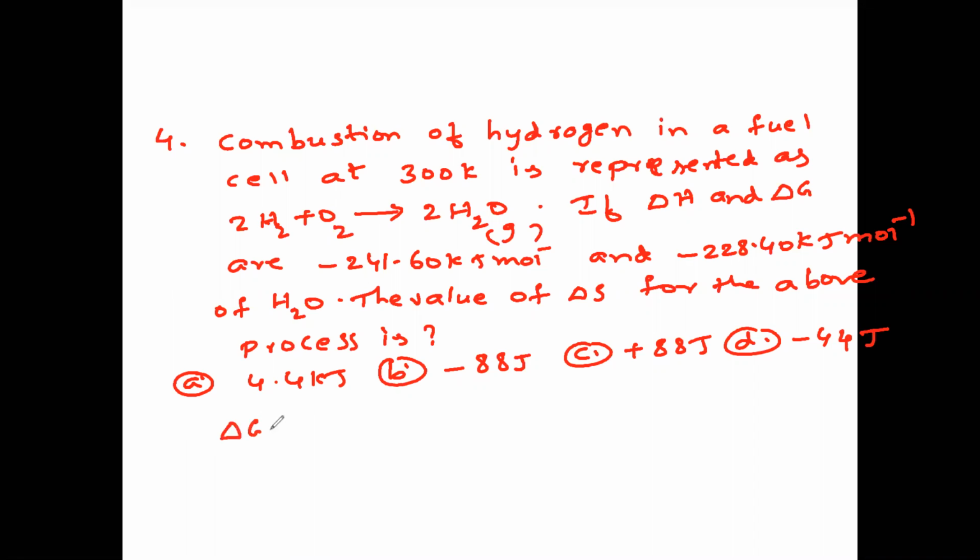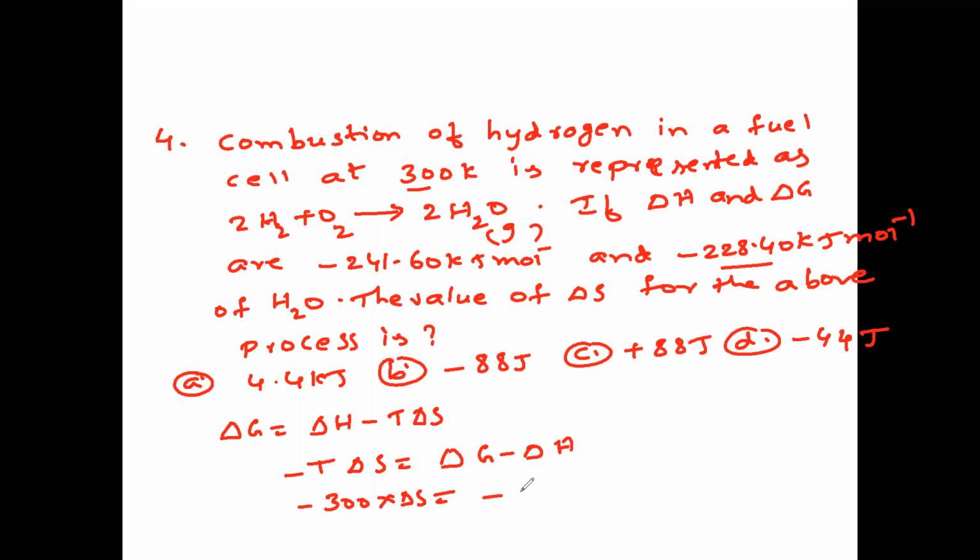So we know ΔG is equal to ΔH minus TΔS. By this we can say TΔS is equal to ΔH minus ΔG, that is, minus TΔS is equal to ΔG minus ΔH. T value is given, how much? It is 300 kelvins. So 300 × ΔS is equal to ΔG minus ΔH. What is ΔG? ΔG value is given as minus 228.4. So minus 228.4 minus of minus, ΔH value is given as minus 241.6.